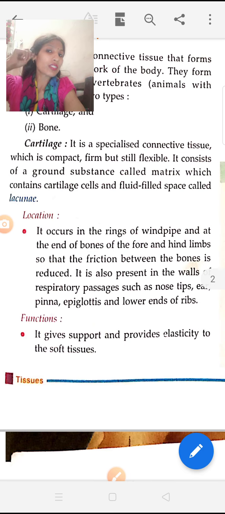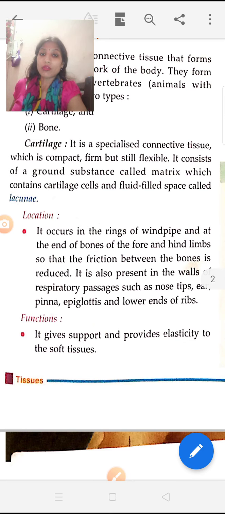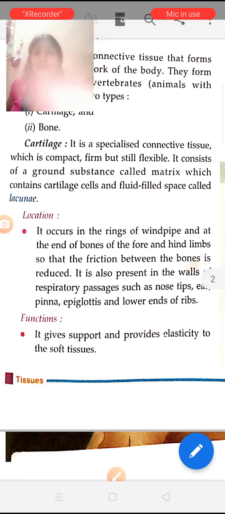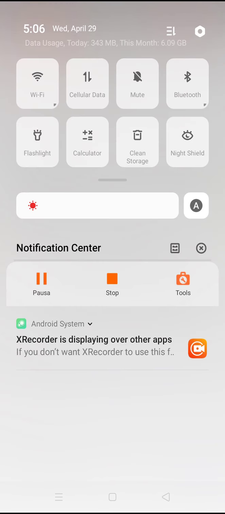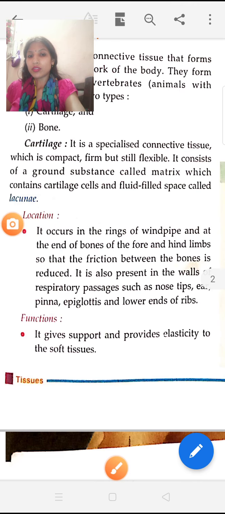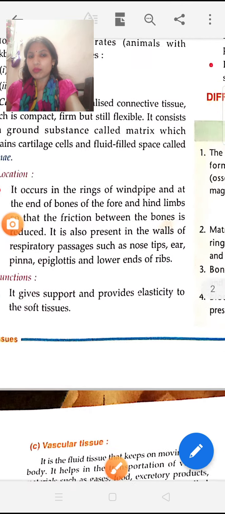The pinna we can bend, right? It can bend, so there is presence of cartilage. These are examples of cartilages, and the functions again you will study. Then we come to the bones.